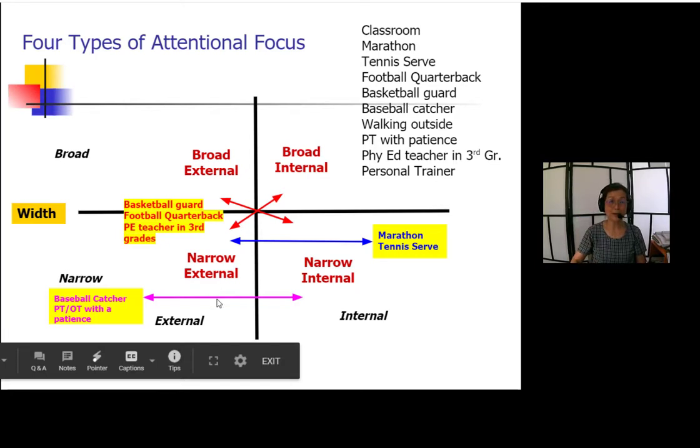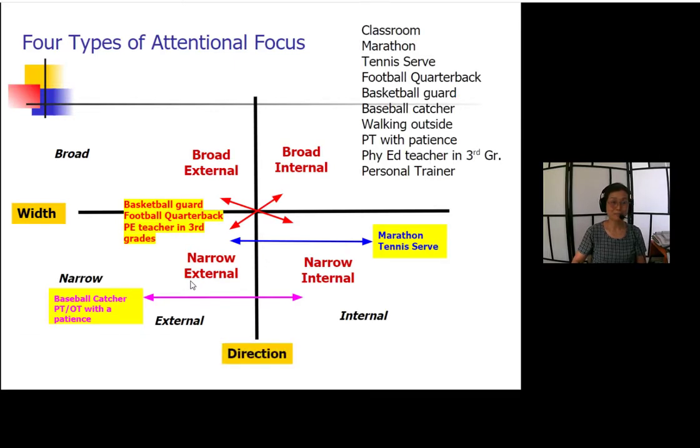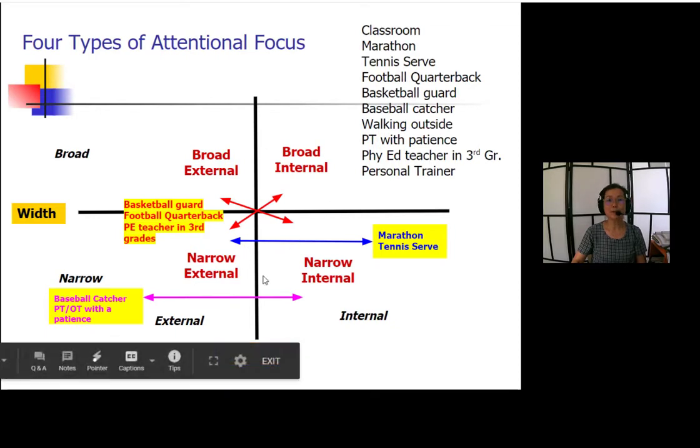Once in a while, broad internal, maybe broad external could be needed. Basketball guard, football quarterback, physical education teacher in the classroom with little children need all of them. They need to go back and forth around all these different styles.